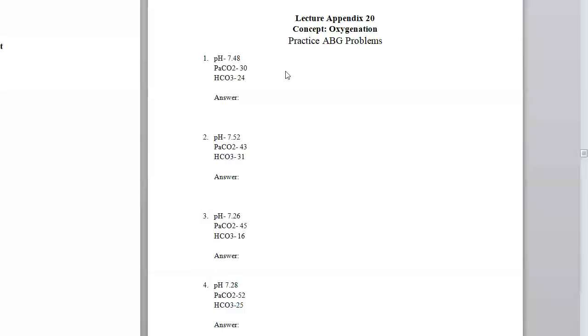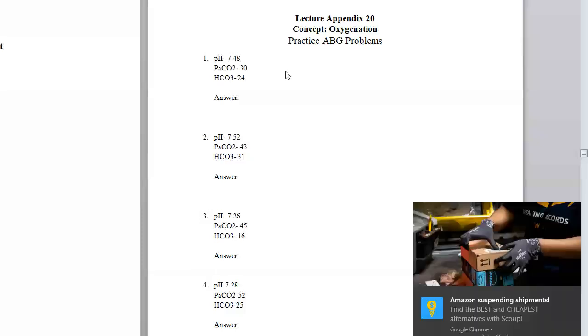All right, let's look at the second one. The pH is 7.52. That's going to the right on the scale, above 7.45, so it's alkalosis. Our PaCO2 is 43. The range is between 35 and 45, so our CO2 level is normal.